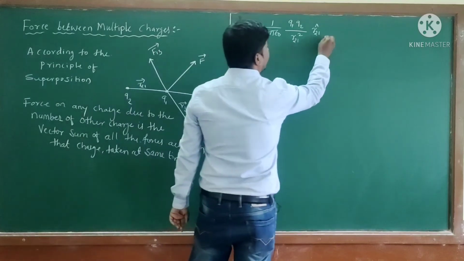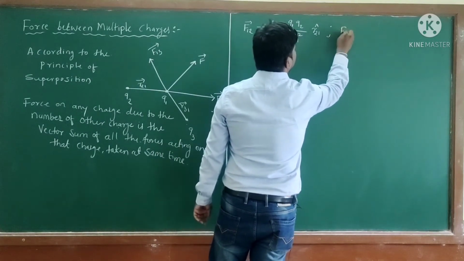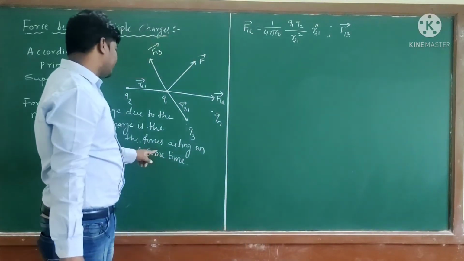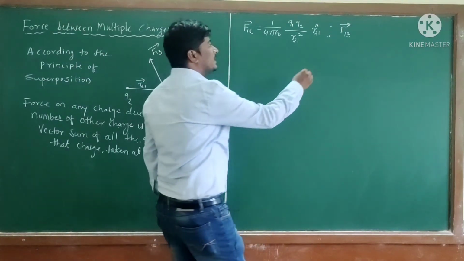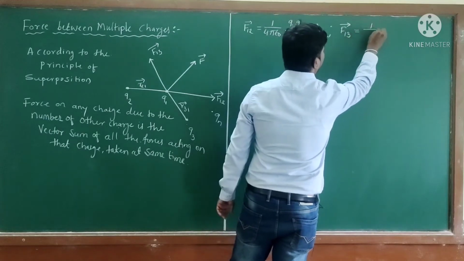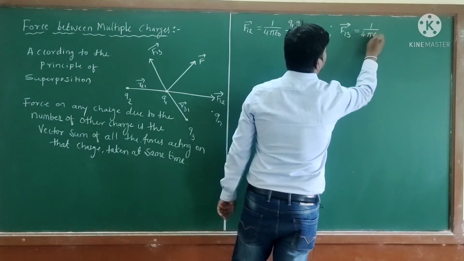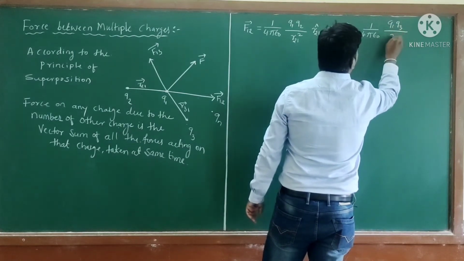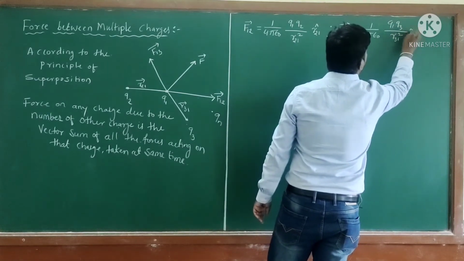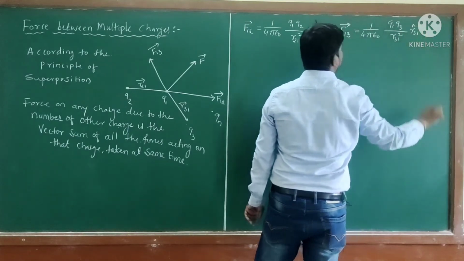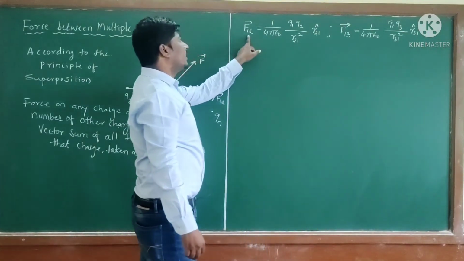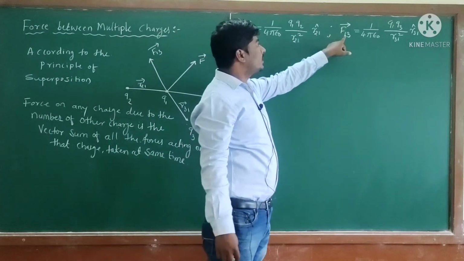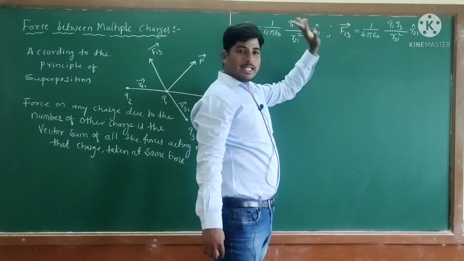Similarly, the force on charge 1 due to charge 3, F13, is written as 1 by 4 pi epsilon naught Q1 Q3 divided by R31 square into R31 cap. This is the force on 1 due to 2, and this is the force on charge Q1 due to charge Q3.